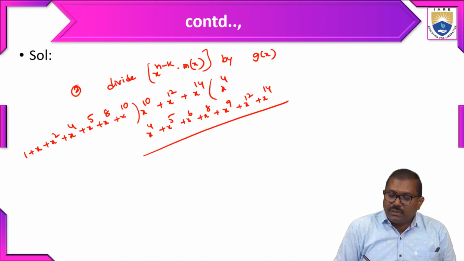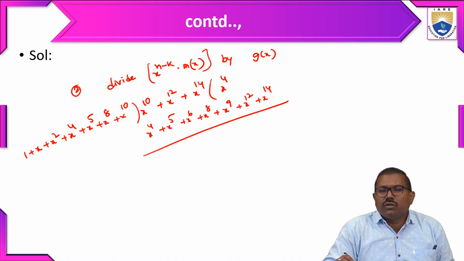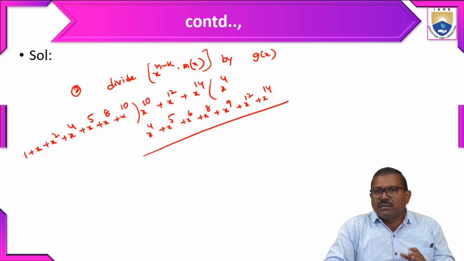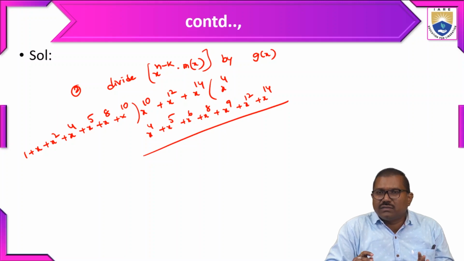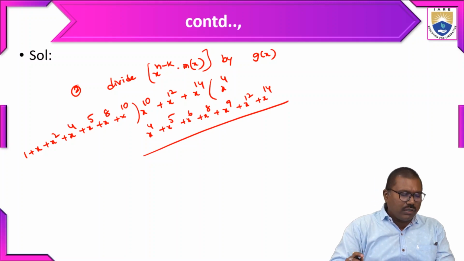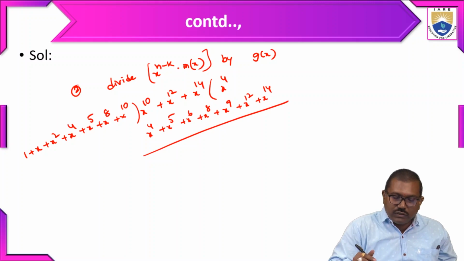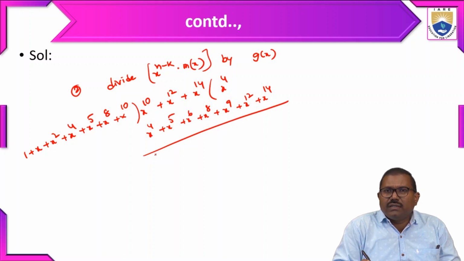So here again you do modulo-2 sum, or XOR operation. The bottom line has x power 4, whereas in the upper line 4 is not there. So 0, 1 we got 1.